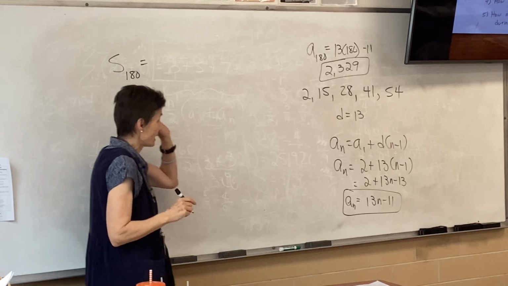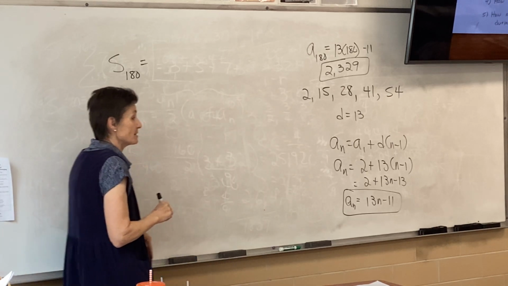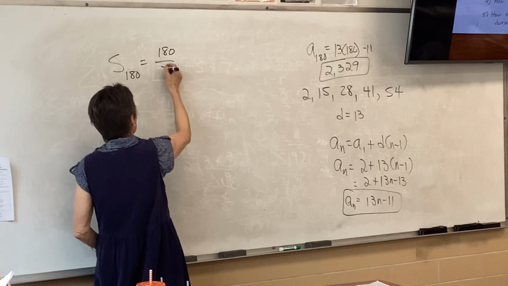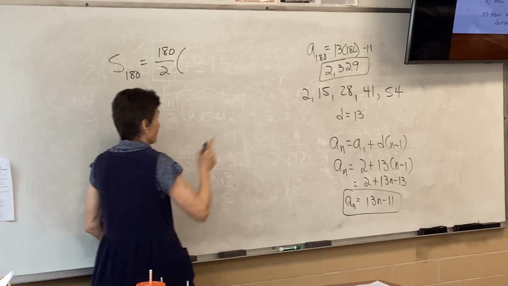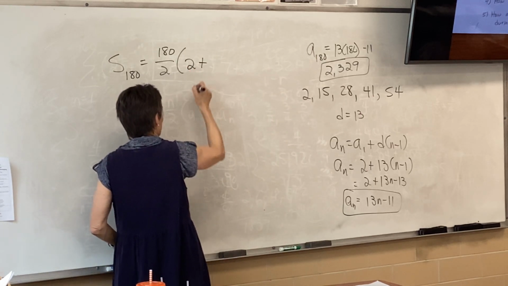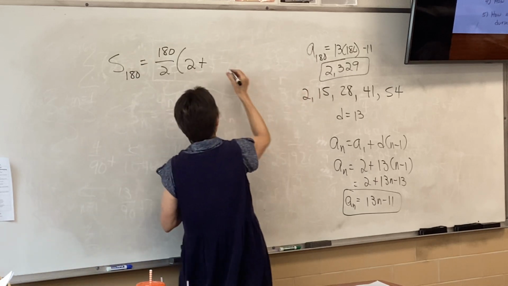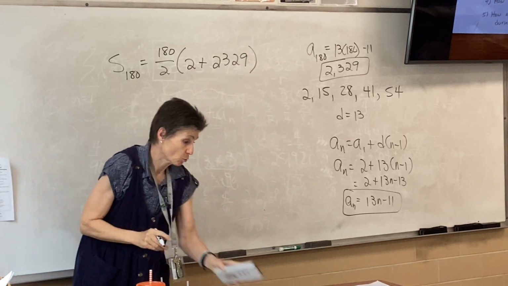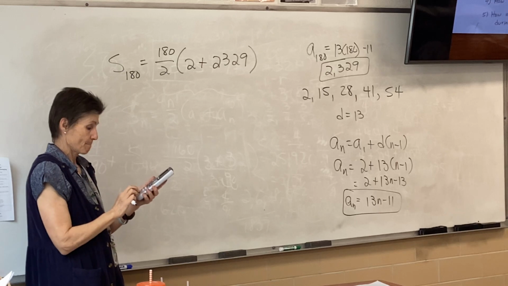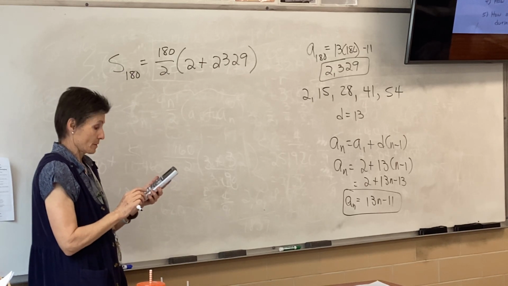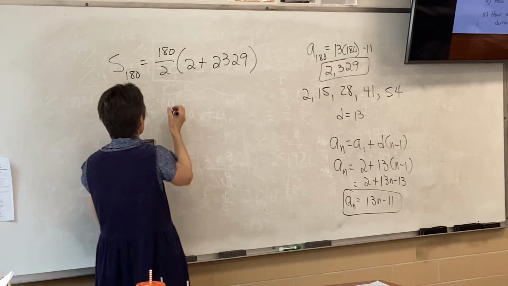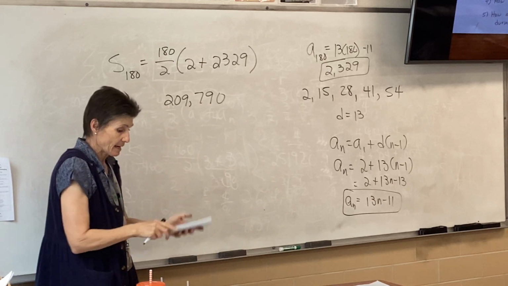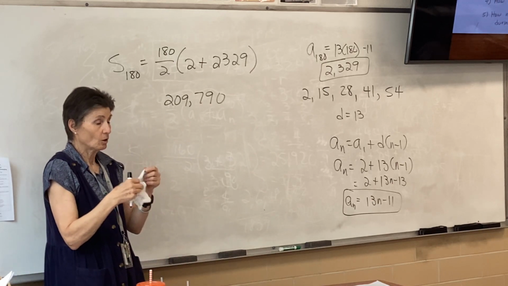It's arithmetic, so that formula says 180 over 2 times the first one, which is 2, plus the 180th, which I just figured out. And that will be the answer to question 5. Looks like 209,790 problems is how many he's doing altogether.